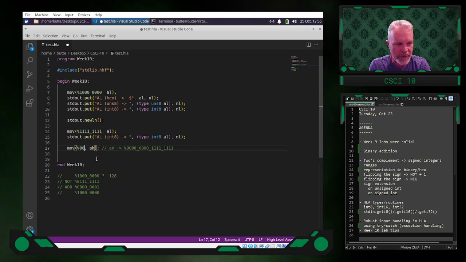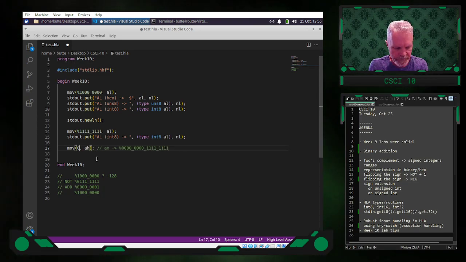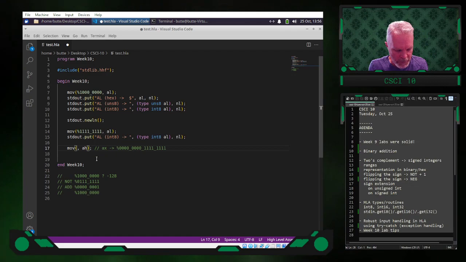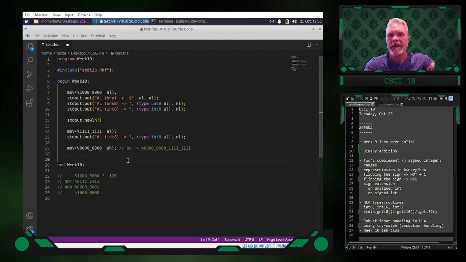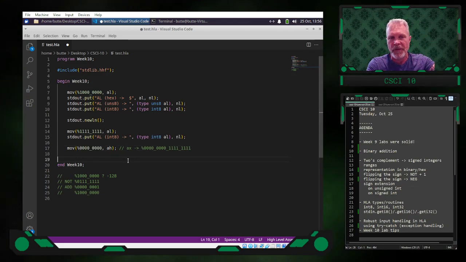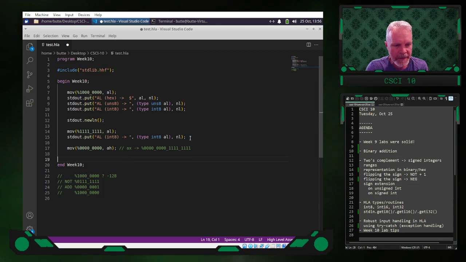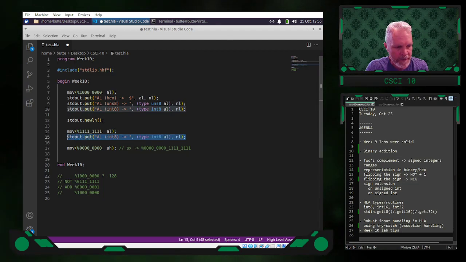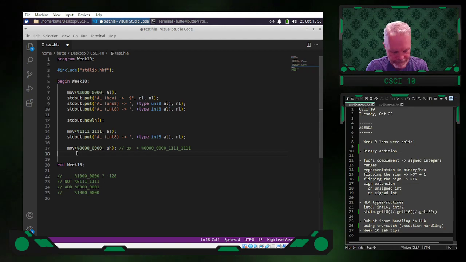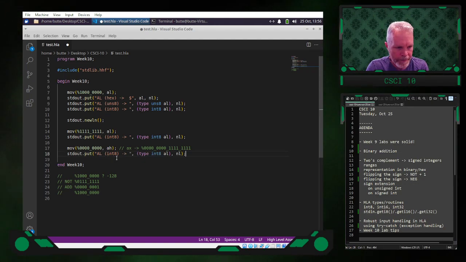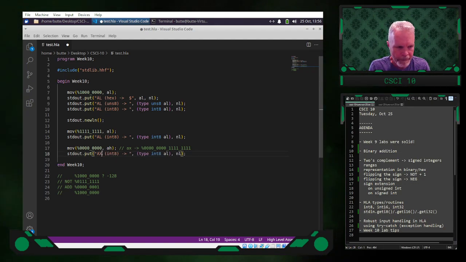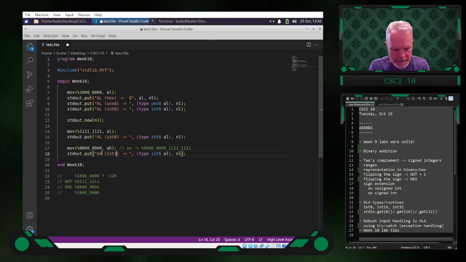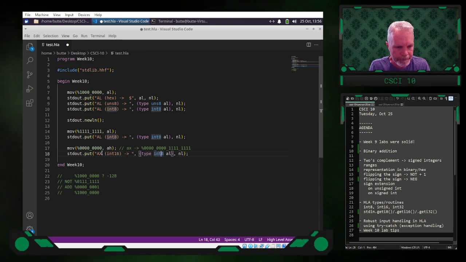We simply moved a 0 in there. So that's what I'm doing here. I'm simply expanding AL out to cover all of AX all at once. And now let's see if we still have -1. Some of you may know that we won't.